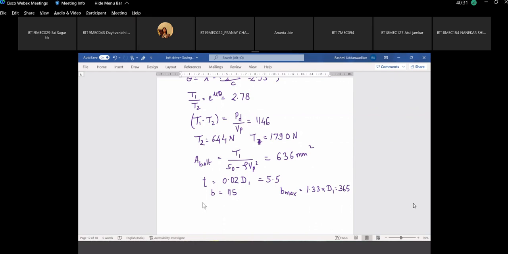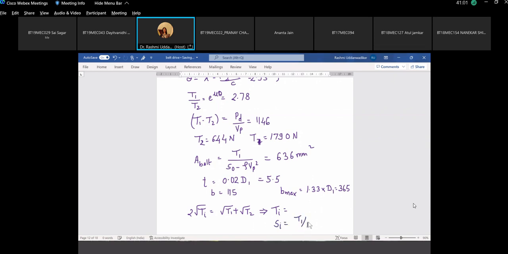Next is the initial tension and the initial stress. Let's find out the initial tension Ti. The data book is referring to the formula. So find out the initial tension and give me the value of stress due to this initial tension.